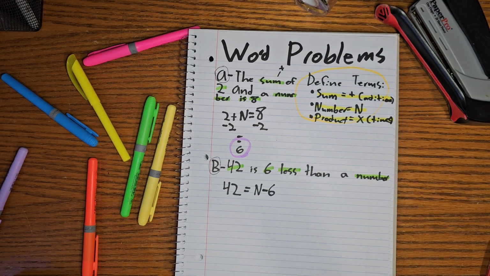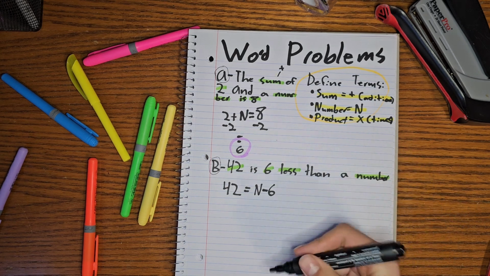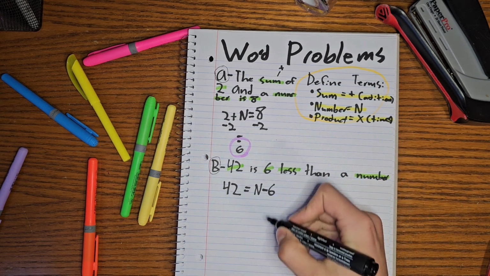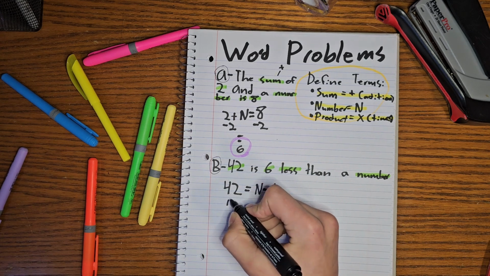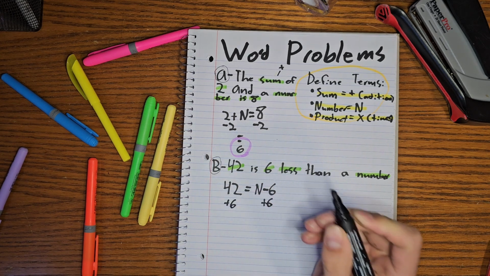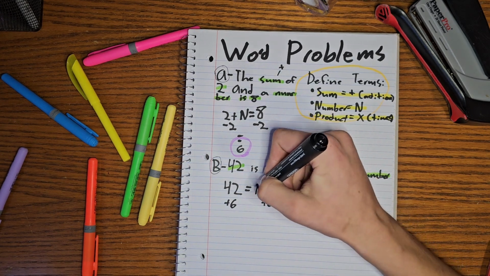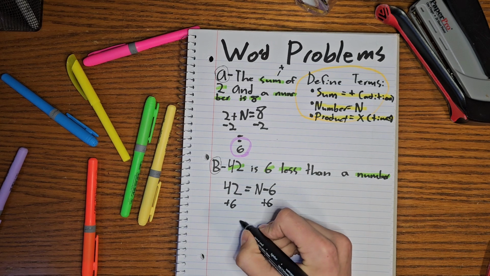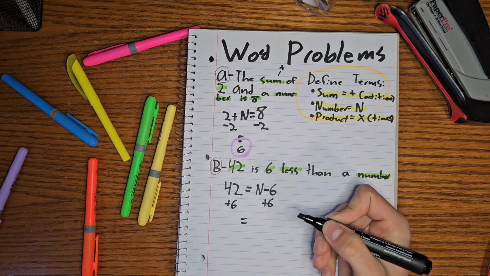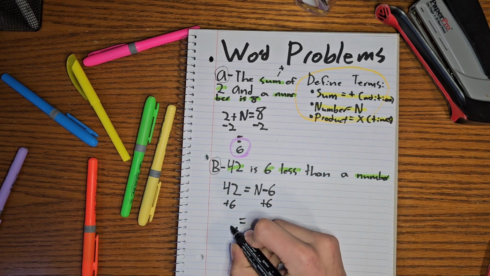For both sides, we're solving for n, so we just want to get rid of this 6. To do that, you add 6 to both sides, because it's n minus 6 and we don't want the minus 6. We just want to get it to n. That is the goal. So n in this one would equal 48.